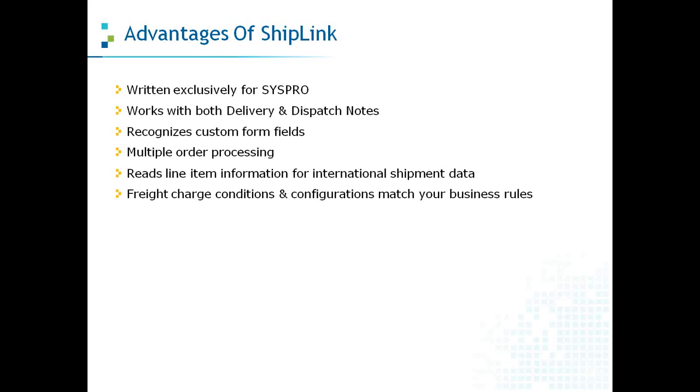We definitely can match up the freight charge conditions and configurations to your business rules, things like free freight under condition X, or make it freight collect under condition Y. We put the tracking hyperlinks so that they can be accessed from sales order query, which means that when you are in a sales order query, you can do one click to track a shipment right from within Syspro to the carrier website.